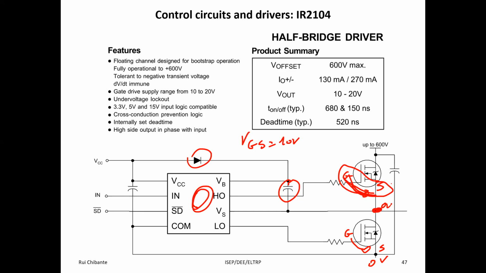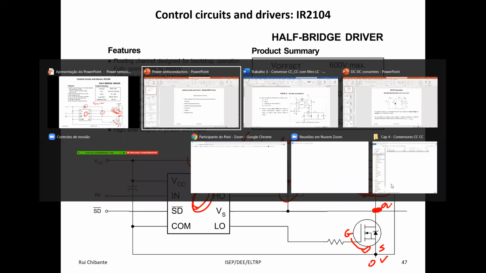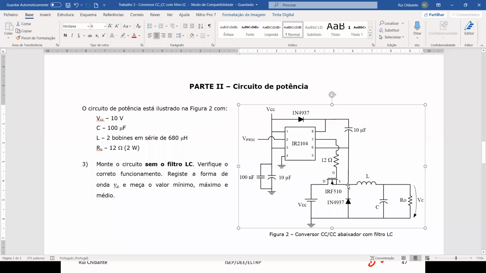Okay, but we have a situation where the source must be floating. So you can see this transistor as a high side transistor, and this diode is in the lower part of the converter. So it is a situation where, although we have only one transistor, we can use a half bridge driver so that we are able to put a signal here in a floating way.